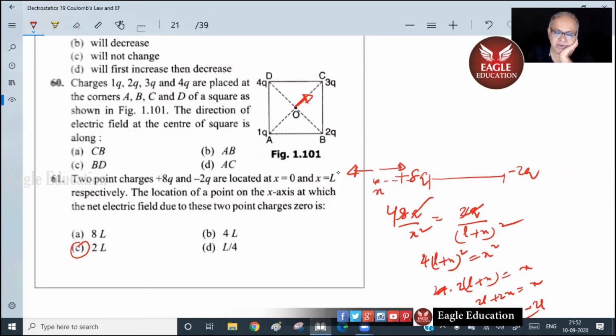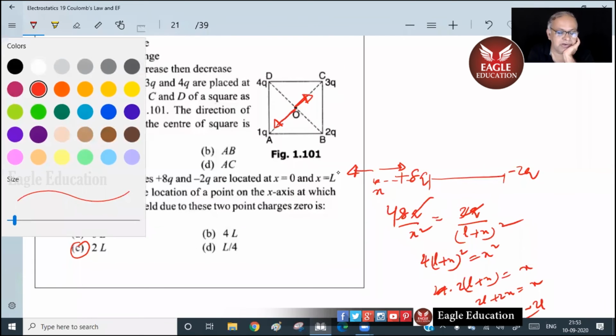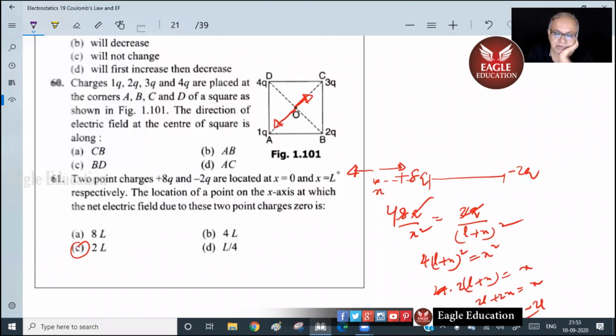The distances are the same, so you need not bother because it's only asking the direction; we can check the magnitudes. Due to 3Q, this way, right? So 3Q is more than this. So what will be the net field direction? This way.